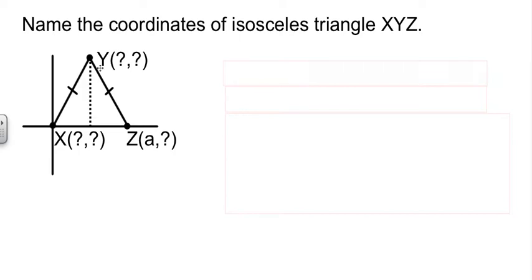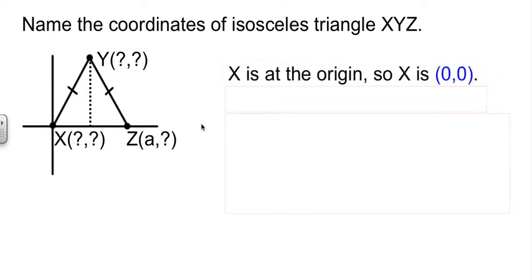Okay. Well, I guarantee you can tell me the coordinates of point X, because point X is at the origin. So X has to be 0, 0.